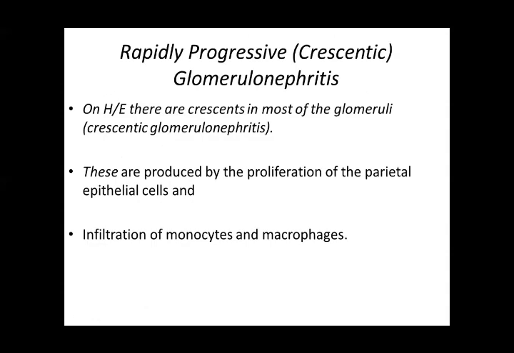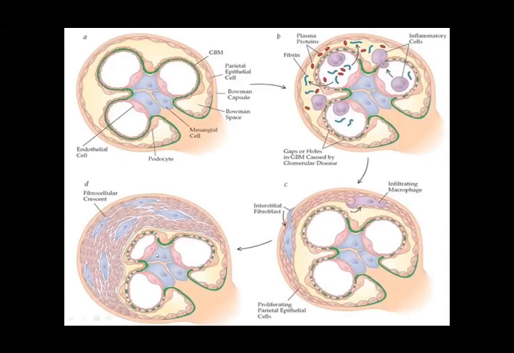So we said that the formation of crescents on histology is proliferation of parietal epithelial cells. And then there is a lot of infiltration of inflammatory cells. So what happens in a normal looking glomerulus that develops pathology is that initially there is leakage of plasma proteins, which is a feature of both nephrotic and nephritic syndromes.